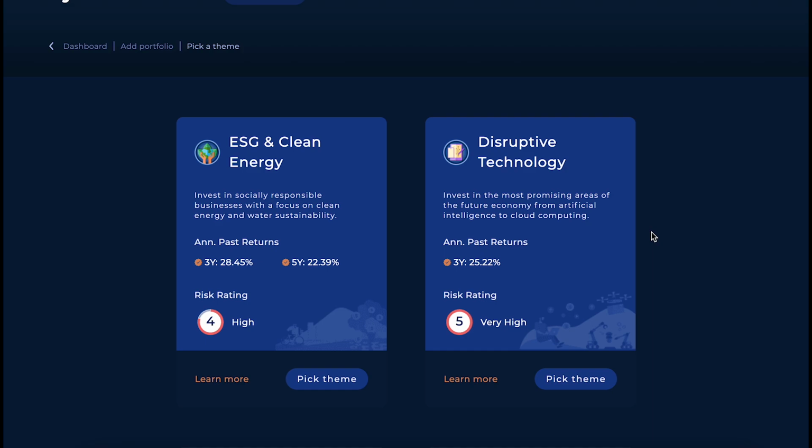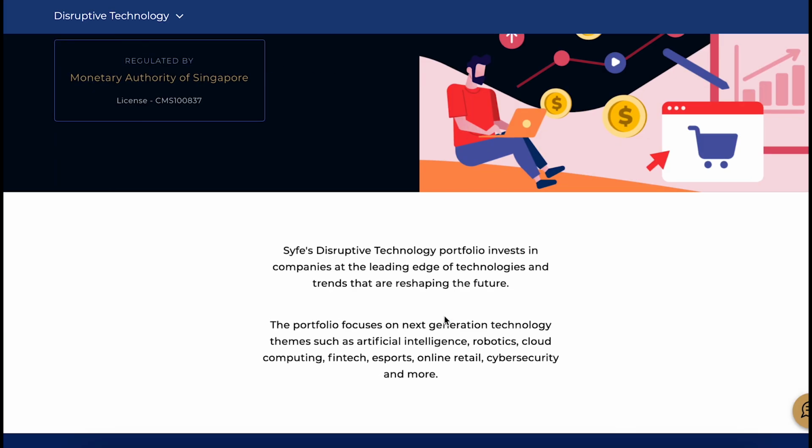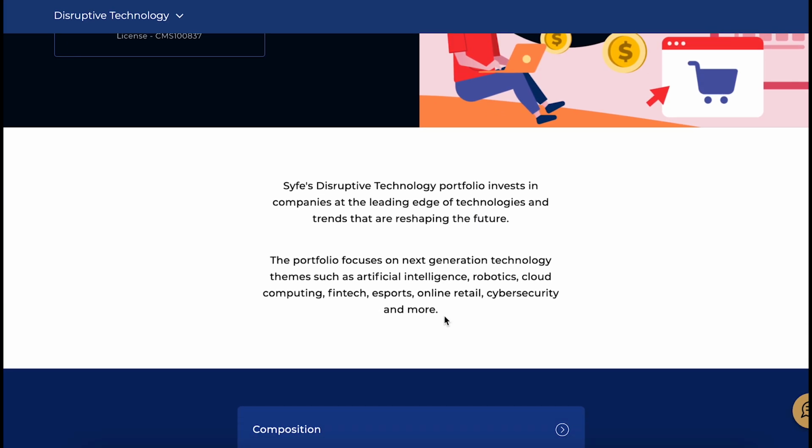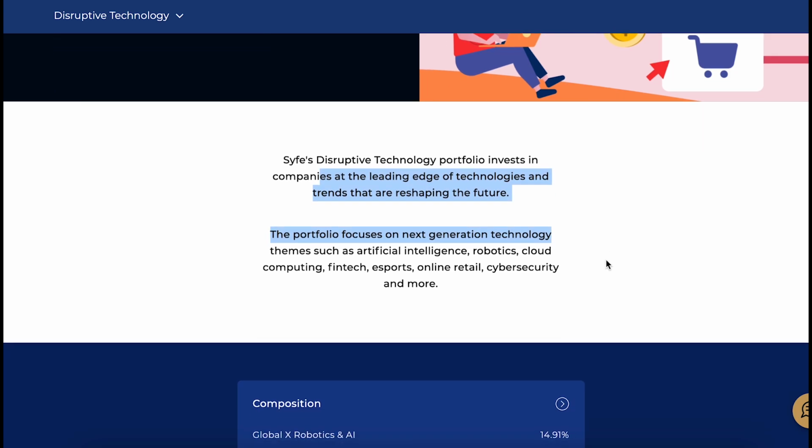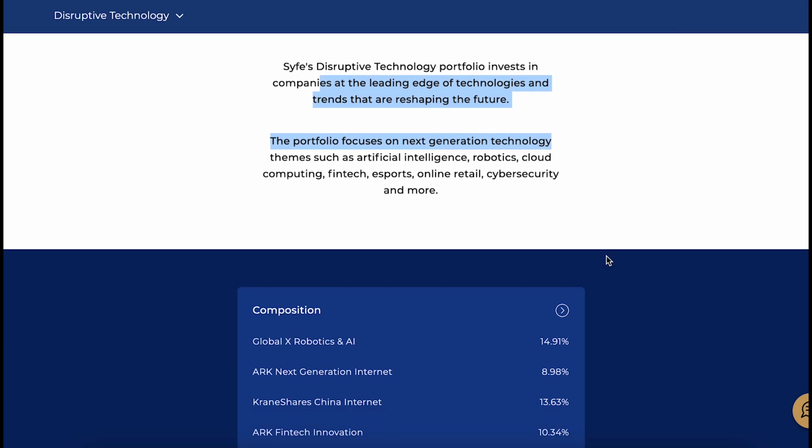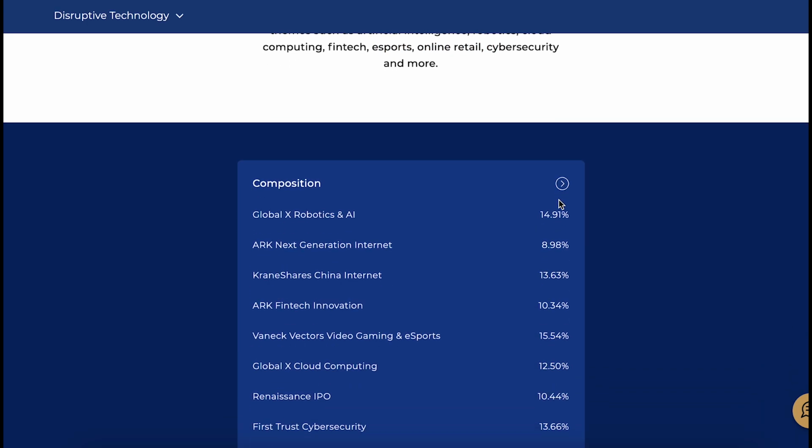Okay, the second one is disruptive technology. So those who have invested in the past year, you sure have heard of ARK Invest led by Cathie Wood, right? It's a very high risk portfolio, but it focuses a lot on the future economy and the trends that may disrupt the current technology. So like the leading edge of technology and trends that are reshaping the future, and it focuses on next generation technology such as AI, robotics, cloud computing, fintech, esports, online retail, cybersecurity, and more.